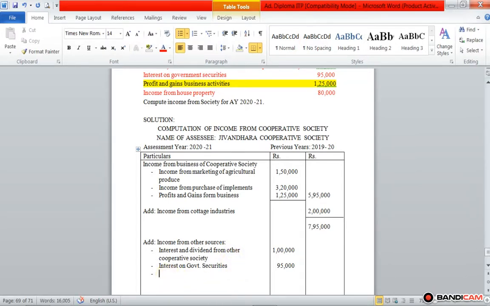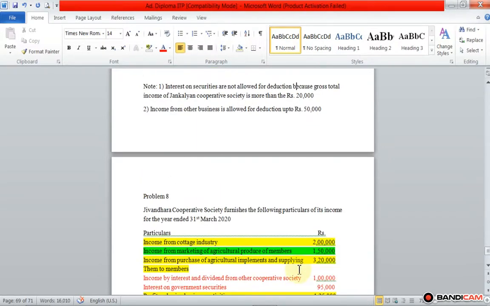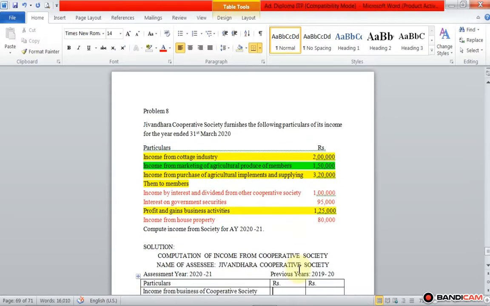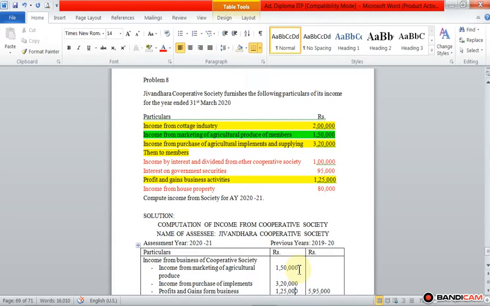Then income from house property amounted to rupees 80,000. So here we take into consideration all other incomes derived by the cooperative society.